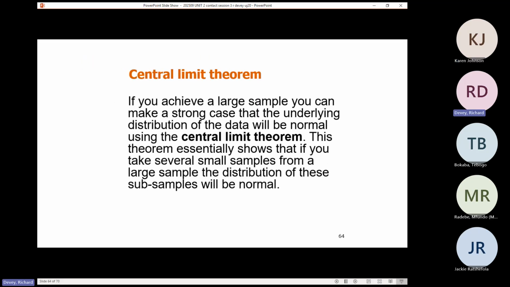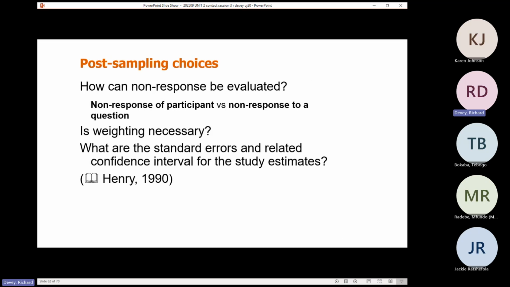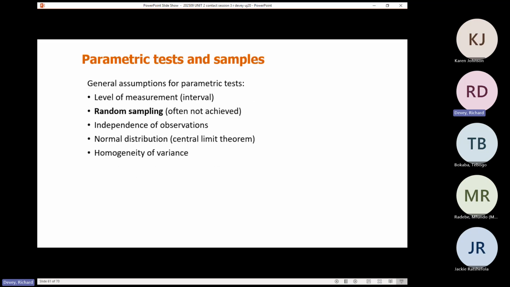Okay. So if you achieve a large sample, going back to this issue of it's not random sampling, going back to this issue of normal distribution, which is an assumption of parametric tests.